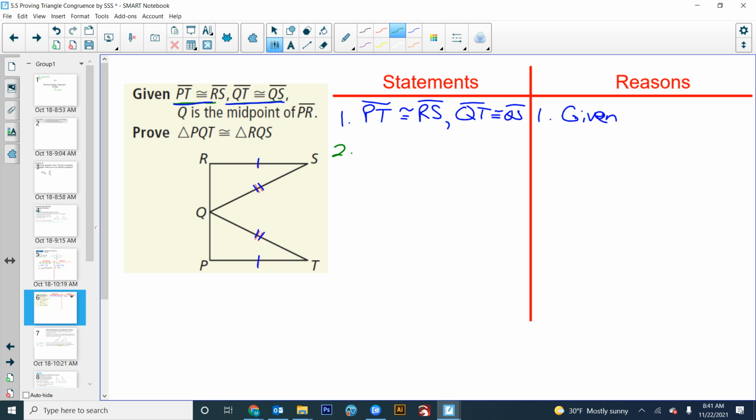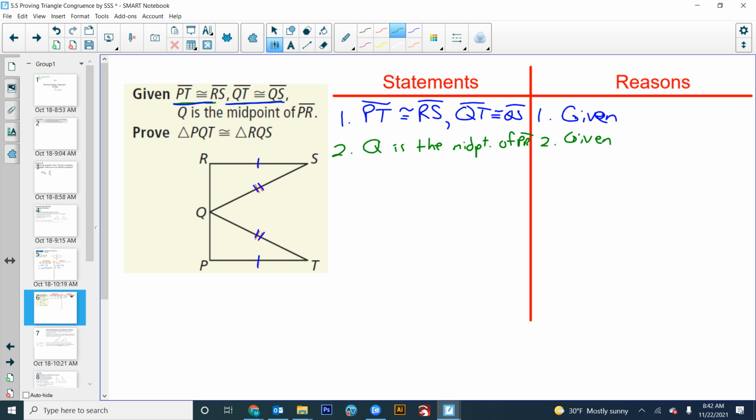I'm going to write that on a separate line just because it has a separate result. Q is the midpoint of PR. That was given.